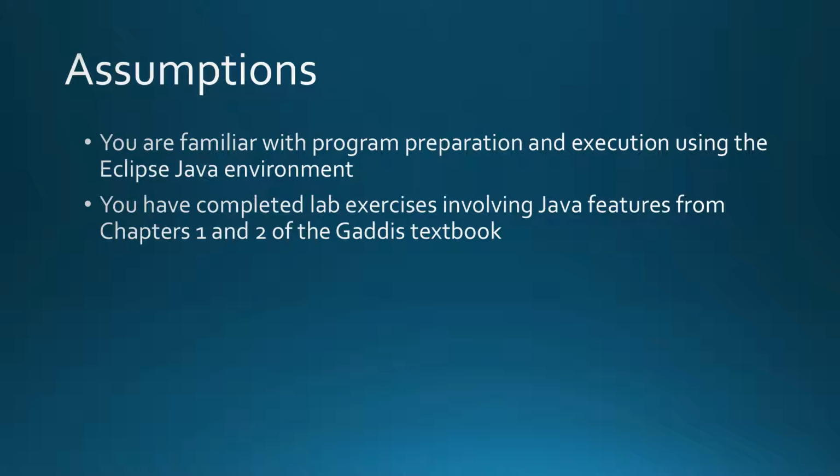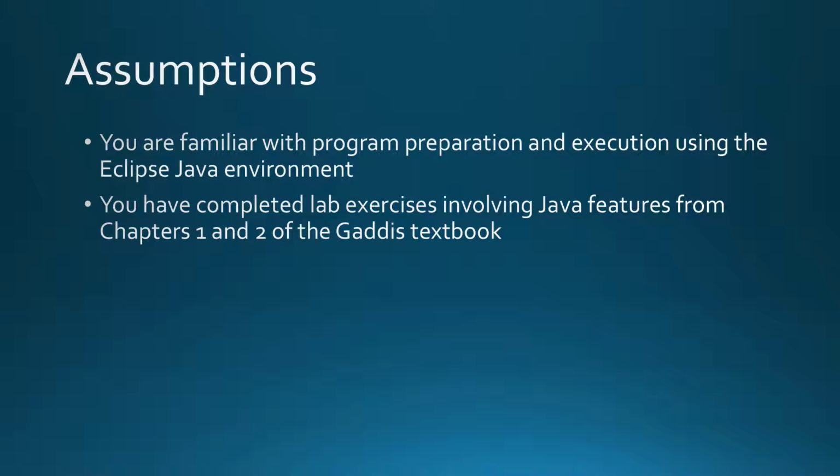Secondly, you must have completed lab exercises involving Java features from at least chapters 1 and 2 of the Gaddis textbook. In particular, you should be familiar with keyboard input using the Scanner class, and console output using System.out.println and print.